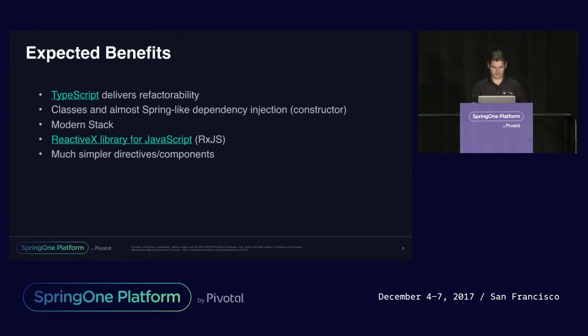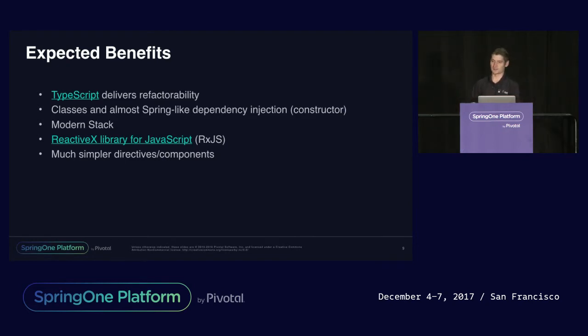And with that, when we considered our migration process, we had expectations. A big thing for our migration was TypeScript. The benefits of refactorability, classes, basically a Spring-like environment with dependency injection. Modernize your stack.